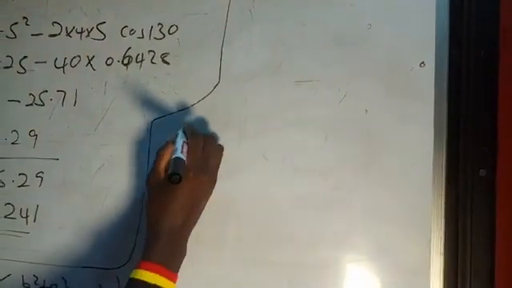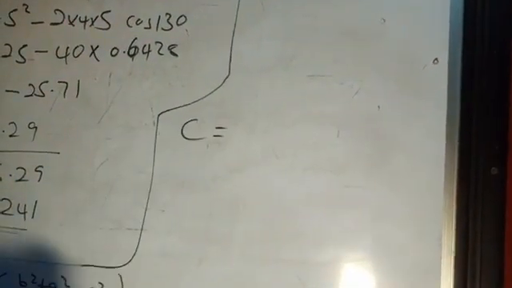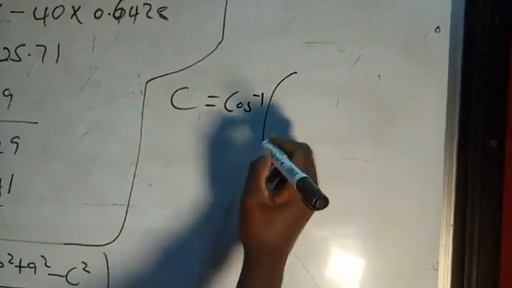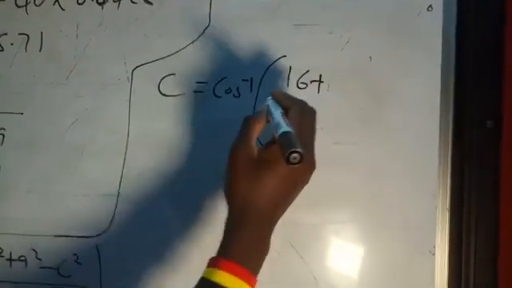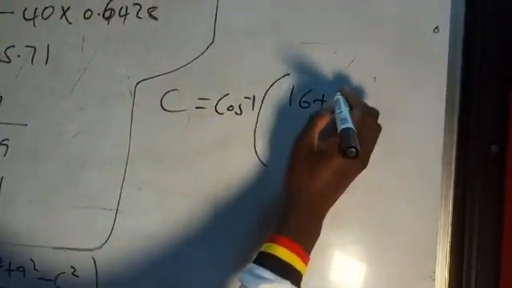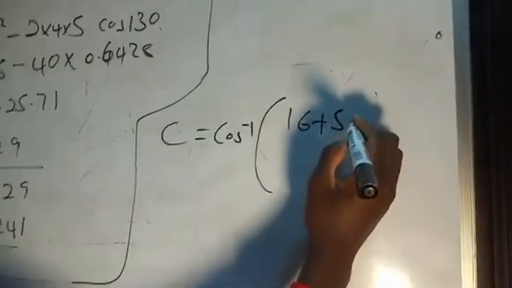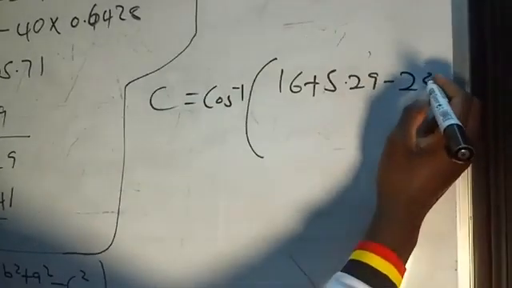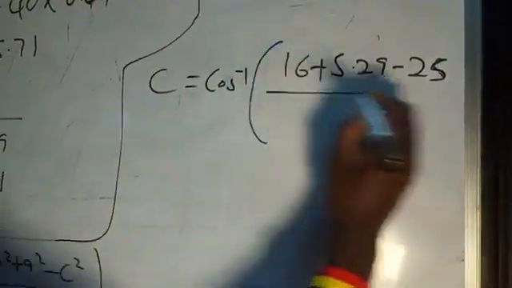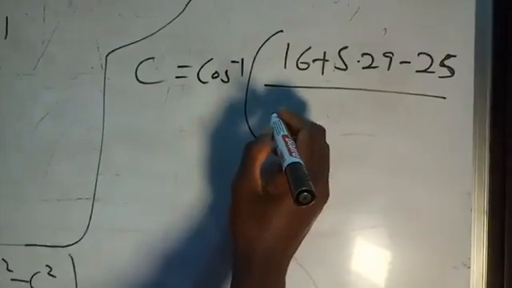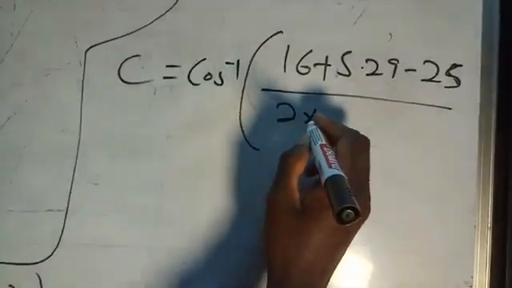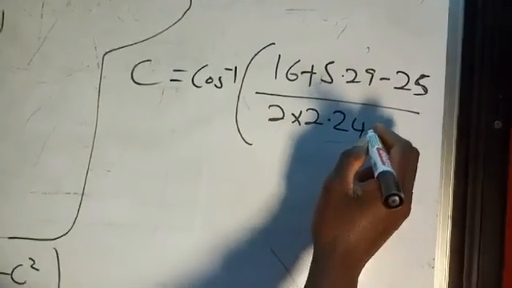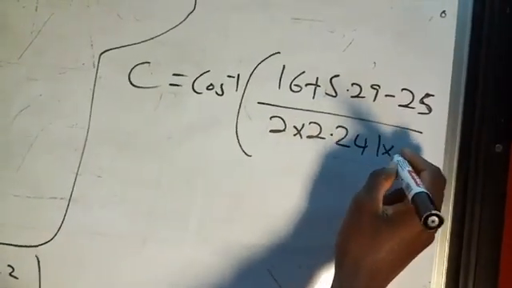So angle C will equal cos inverse in brackets 16 plus 5.29 minus 25 over 2 times 2.241 times 4.